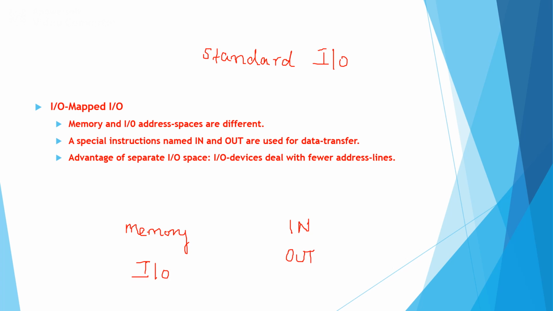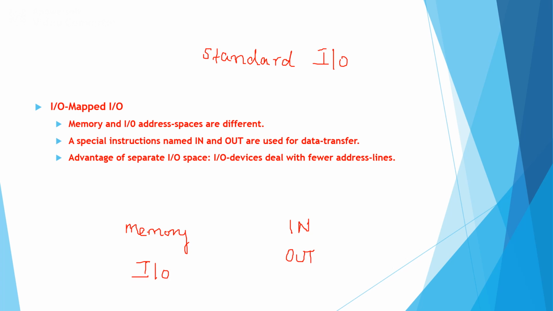A separate IO address space does not necessarily require separate address lines on the processor bus. The same address bus which is used with memory is used for IO devices also. A special signal on the bus indicates whether the sent address is for the memory or IO devices.